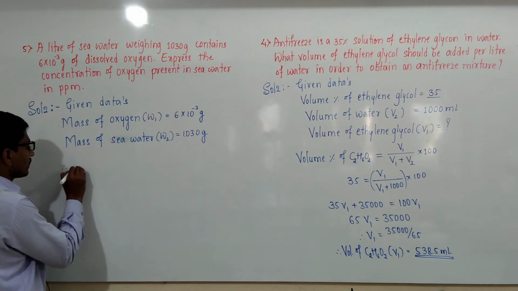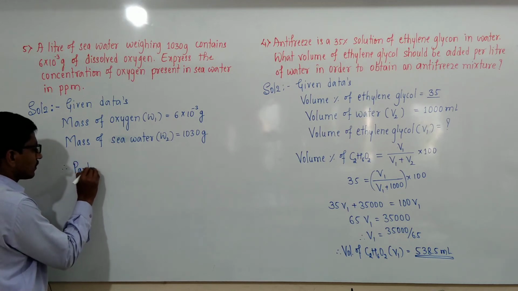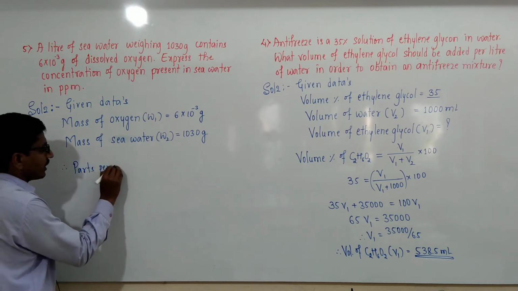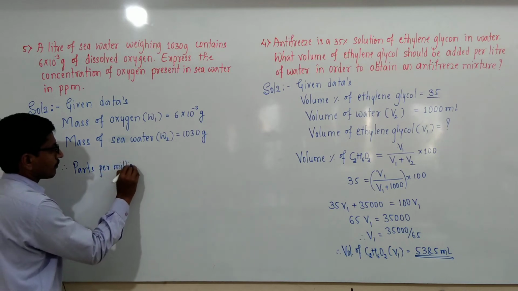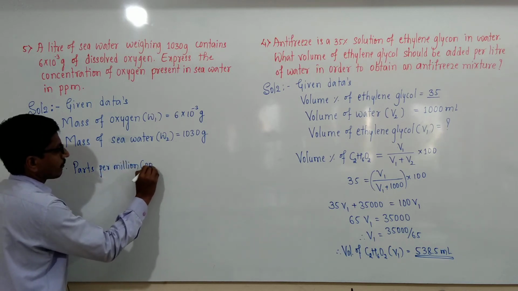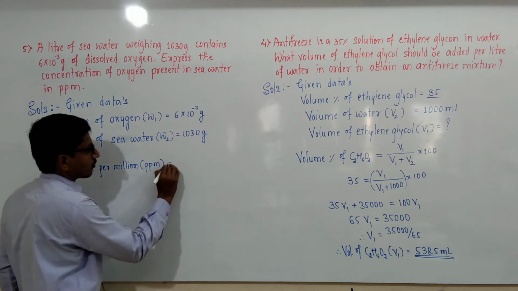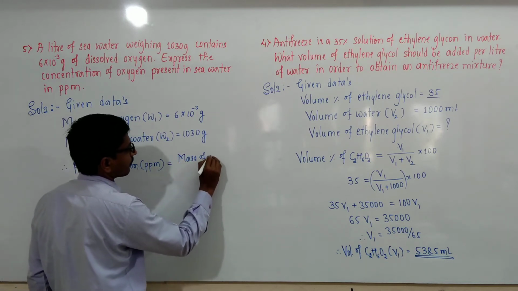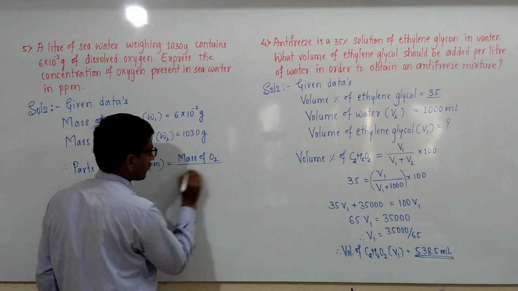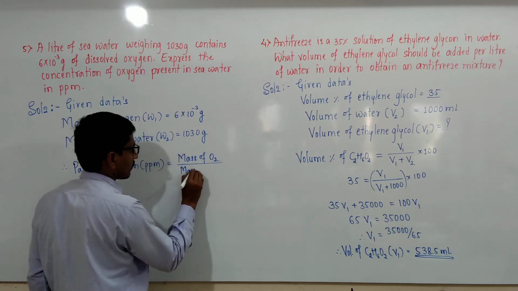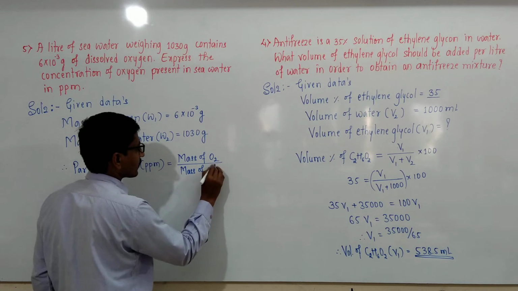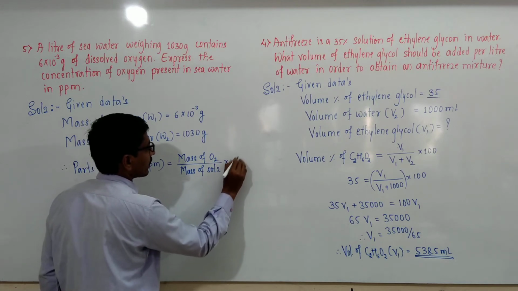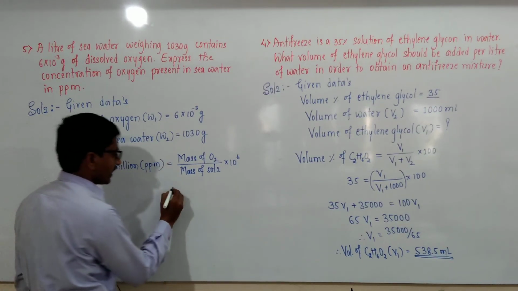Therefore, parts per million, ppm, is equal to mass of O2 by mass of solution into 10 raised to 6. 6 means million.